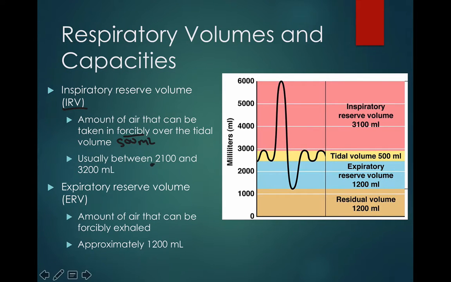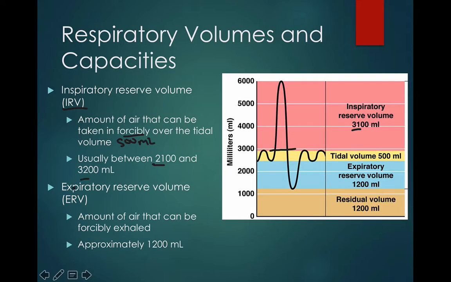It's usually between 2,100 and 3,200 milliliters. Your tidal volume is normal, in this yellow zone. So if you go past that yellow zone and force air in, about how much can you get? That's about 3,100 milliliters, so between 2,100 and 3,200.